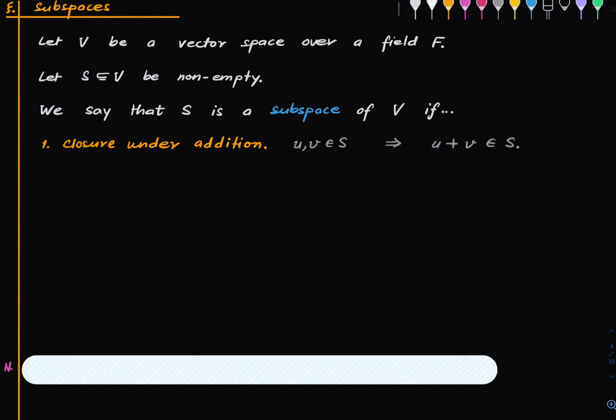So closure under addition means this: whenever you pick two things, their sum is also there, and then similarly we have closure under scaling.